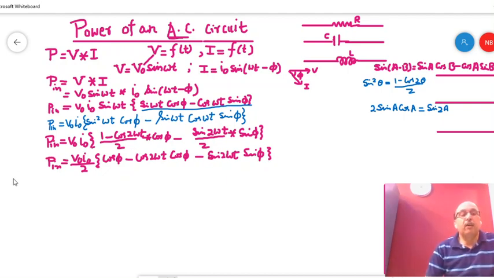To find out the average power across the AC circuit, we will integrate the instantaneous power with respect to time.